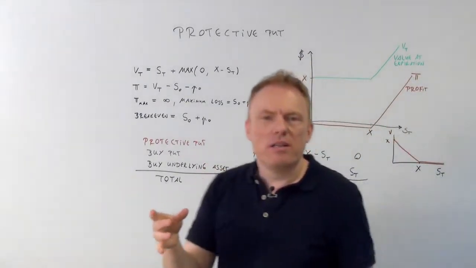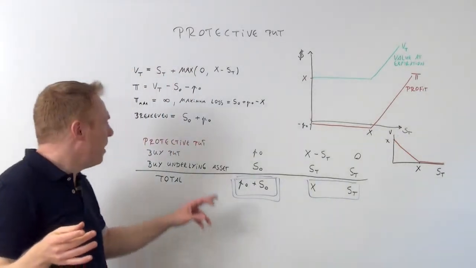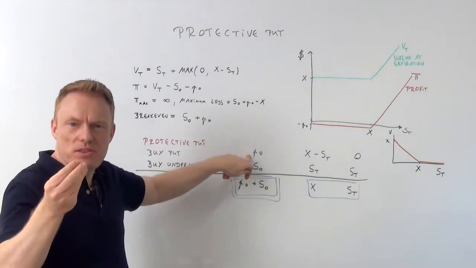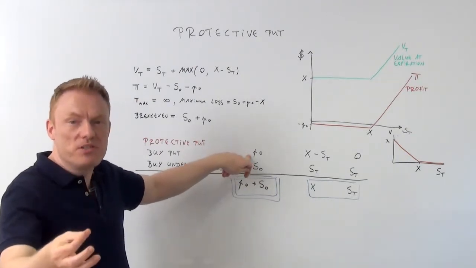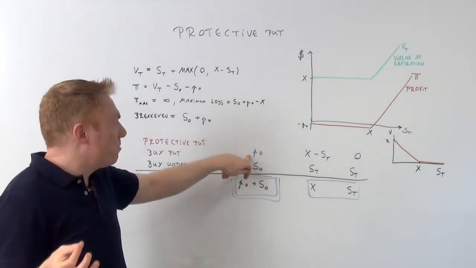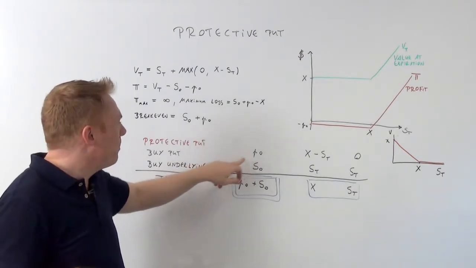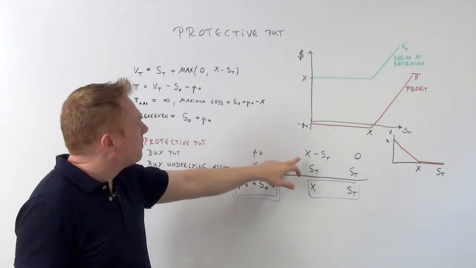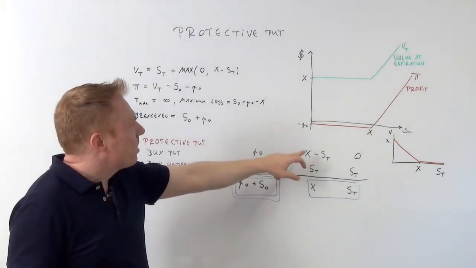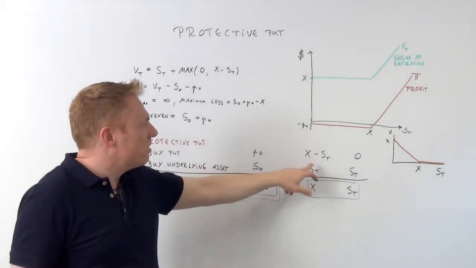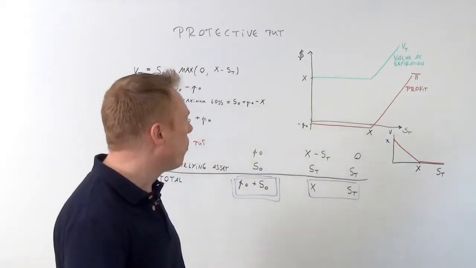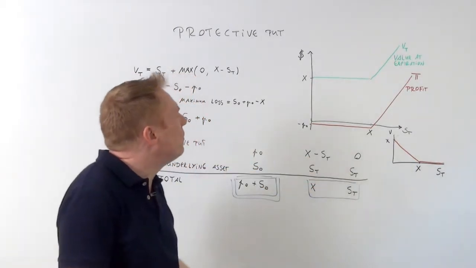And let's consider the following. We have to pay P sub 0 at the beginning, in period 0. That's the price of the put. So we pay P sub 0, and the value at expiration is either X minus S sub T or equal to 0.